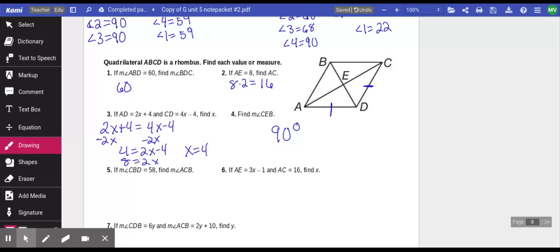We know CBD is 58, and this is a right angle, and I'm looking for ACB. Well, that up there is a triangle. So since it's a triangle, x plus 58 plus 90 equals 180. So x equals 32.